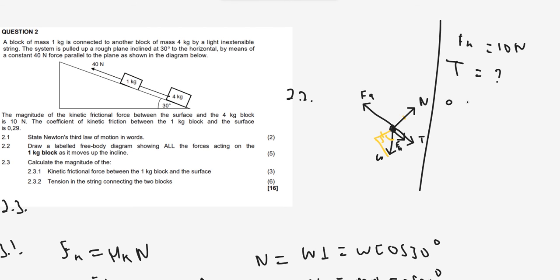Our acceleration is also unknown, and also weight parallel is equal to weight sine 30 degrees, and then you can calculate it here and write the answer. And then we have the parallel force acting on the object. So you now know that you don't have T and you don't have A, but this is just additional information.